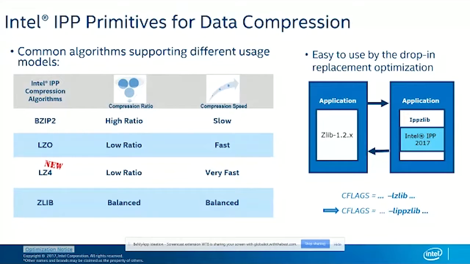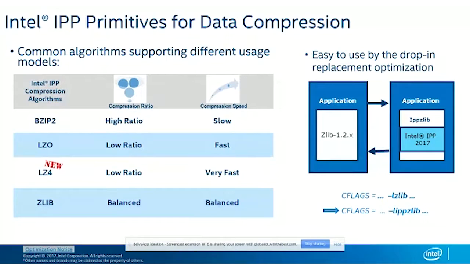For example, if I have an application where I want to do data communication between the server side and the client side, I can use LZ4 to compress the data before transmission. When the client side receives the data, it can then decompress it.